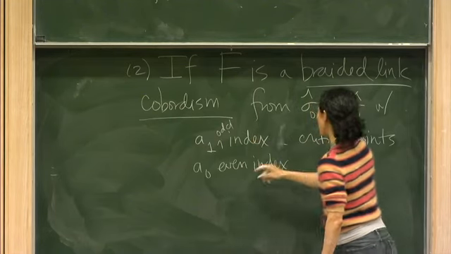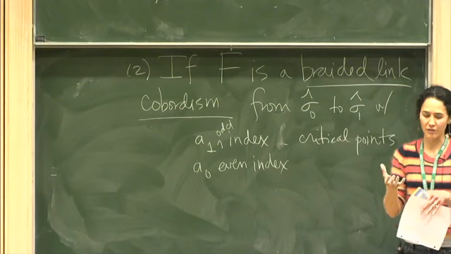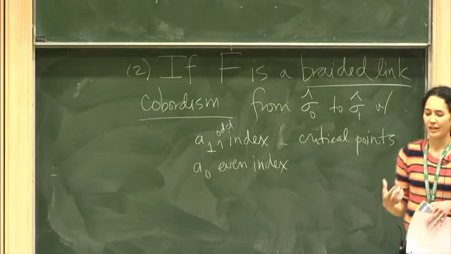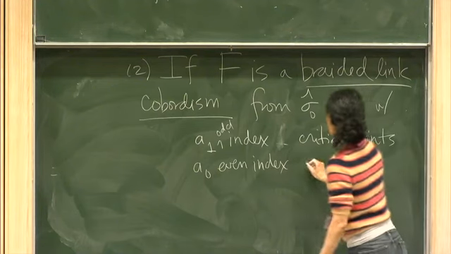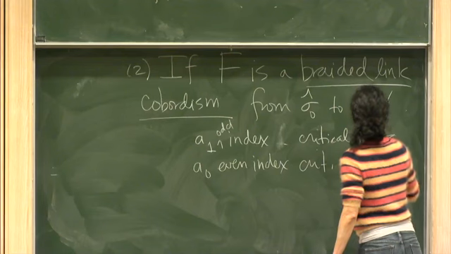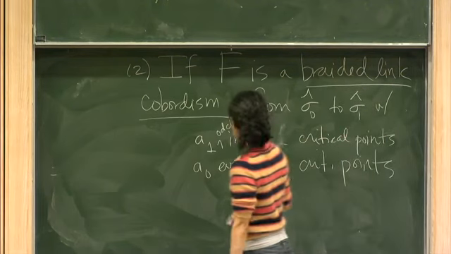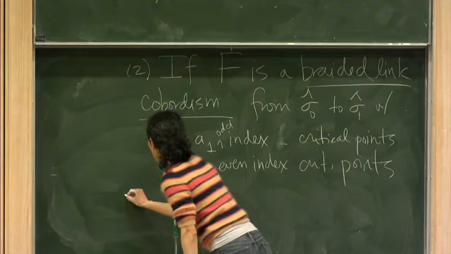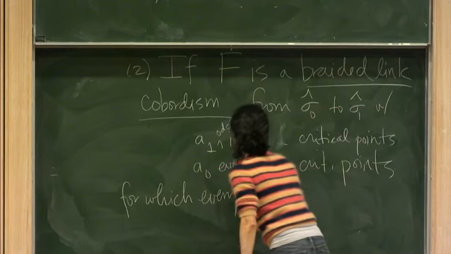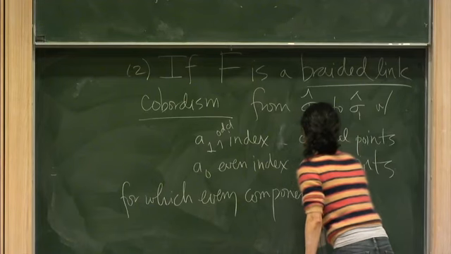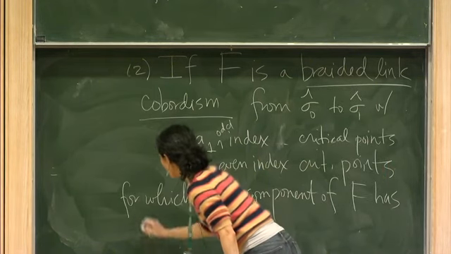So notice for the even index critical points, the new circle in the case of a 0-handle will be braided, and you can only delete circles which are braided. And we want every component of F to have boundary in both sigma 0 and sigma 1.